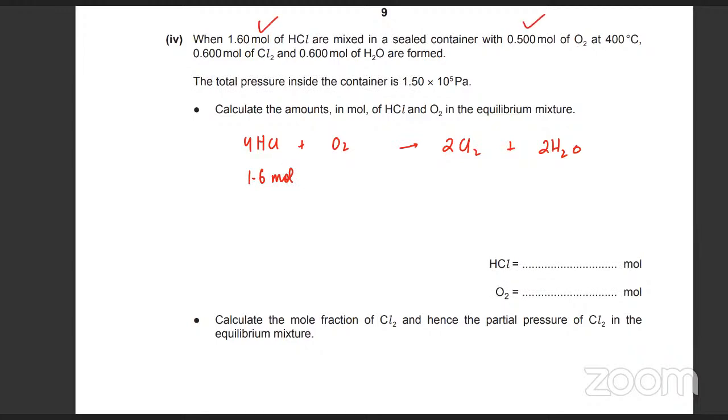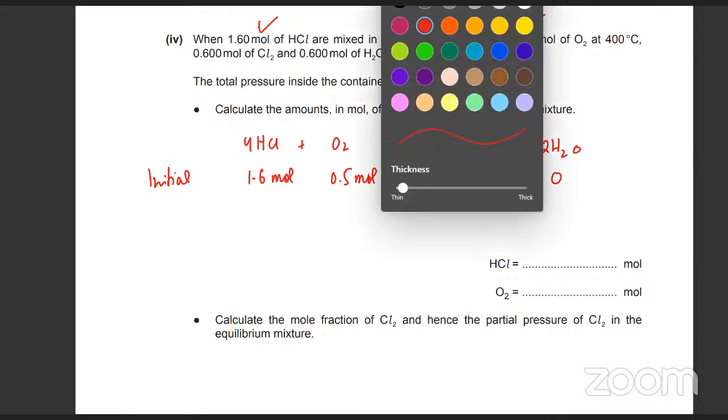These are your initial moles in your container, which means that this is 0 and this is also 0. Both of them are 0 moles. And then he says that 0.6 moles of Cl2 and 0.6 moles of H2O are formed.